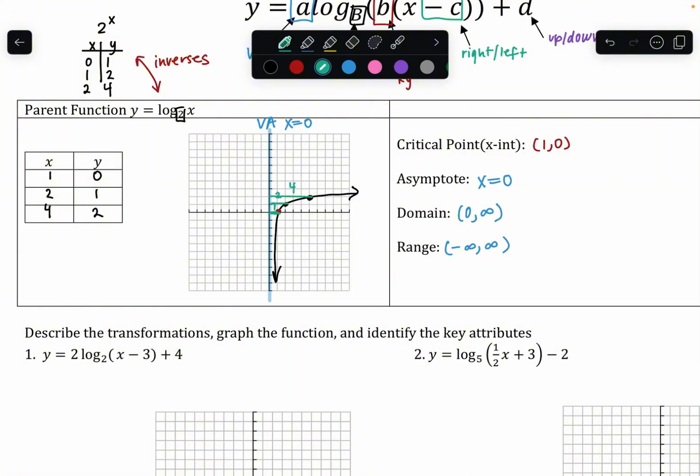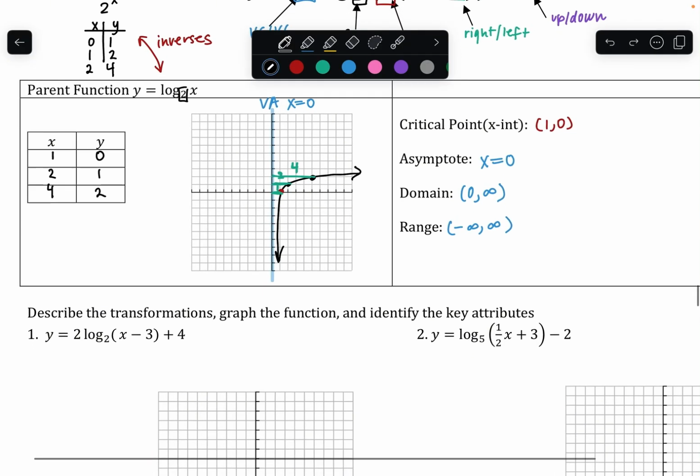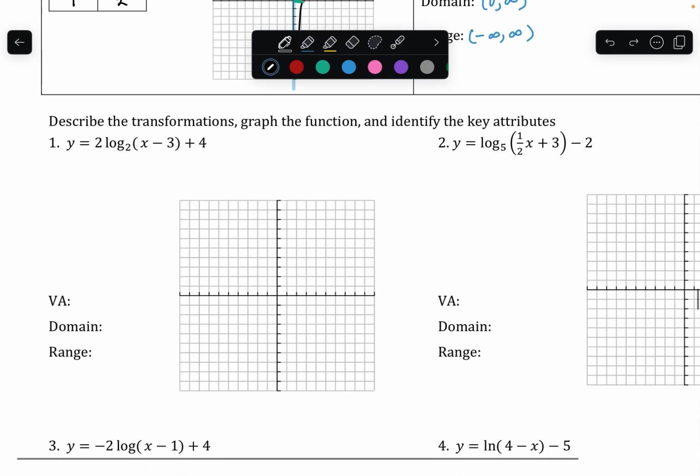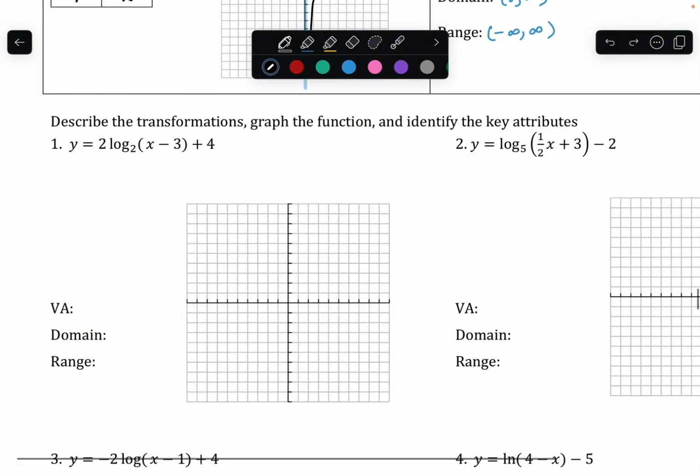So right now you're seeing a distance of 1, a distance of 2, and a distance of 4 from the asymptote. You're always measuring from the asymptote. If this was base 3, I would see 1, 3, 9 for those distances from the asymptote. And that will help us graph each of these transformations.